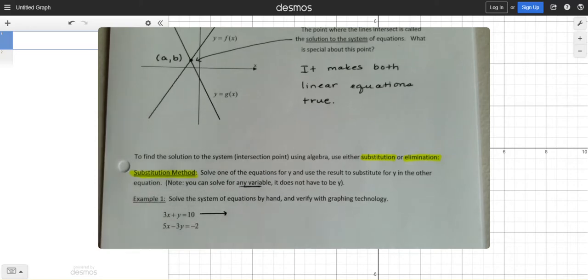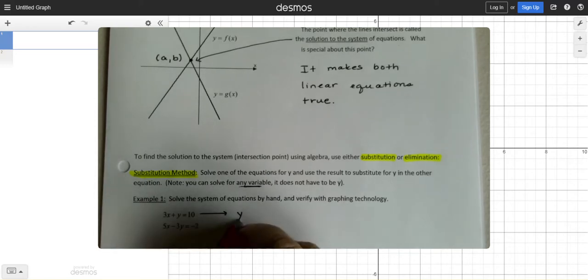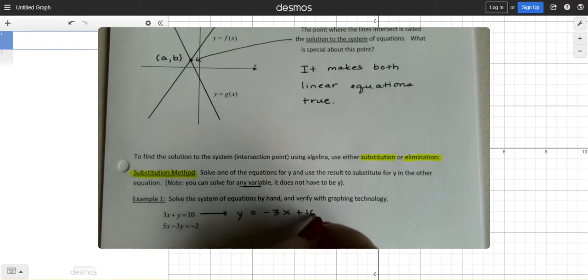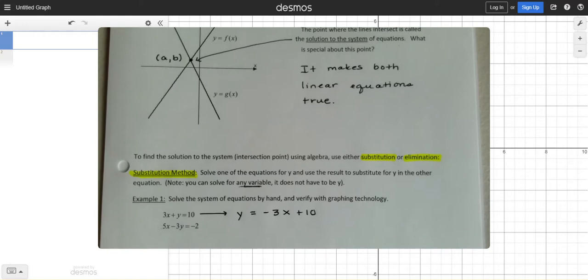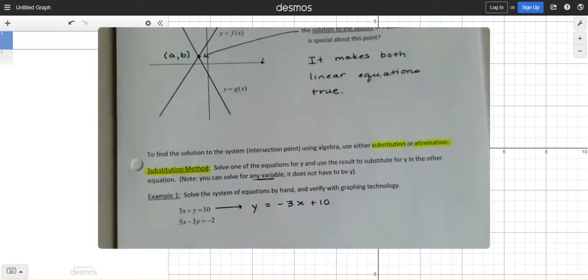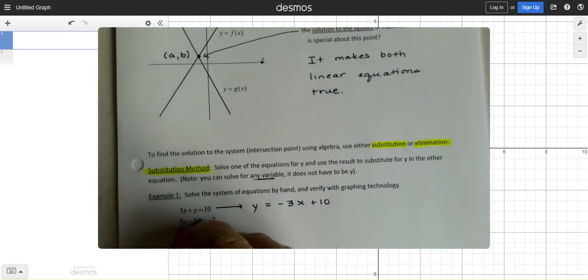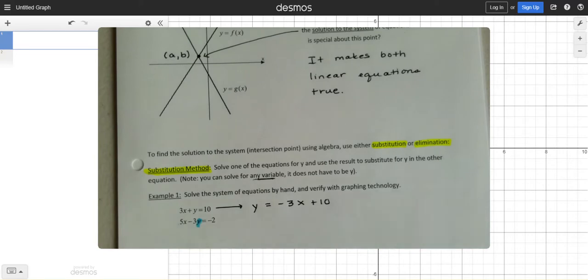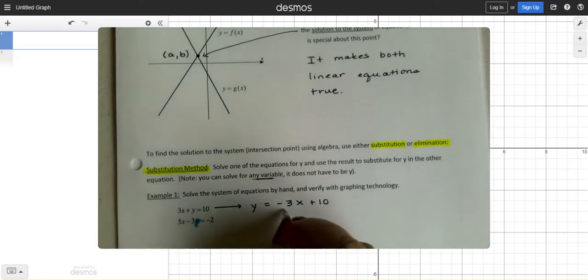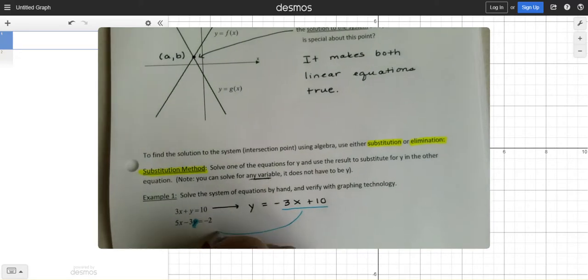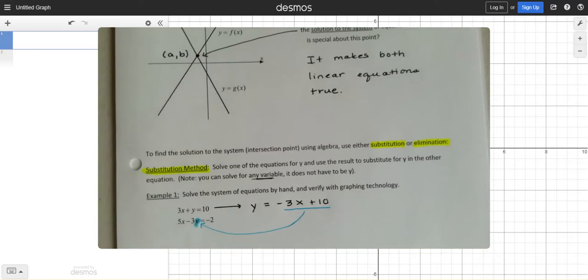If I subtract the 3x, y will equal negative 3x plus 10. And then let's take that and replace the y in the second equation with what y equals, negative 3x plus 10.